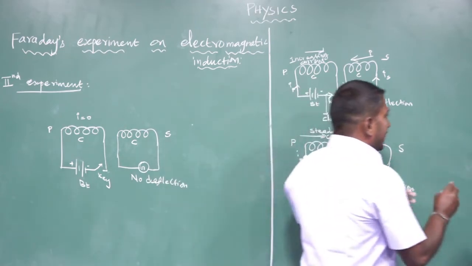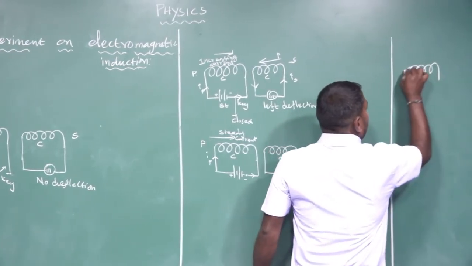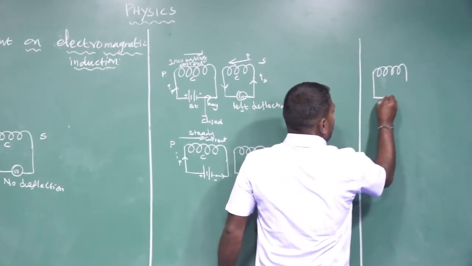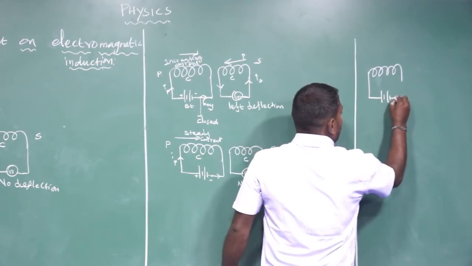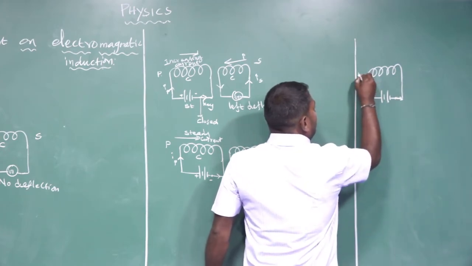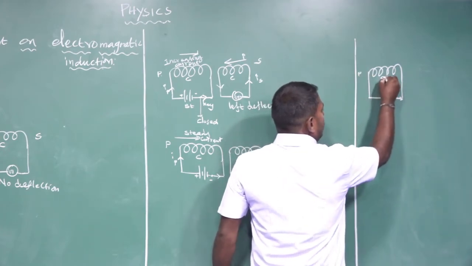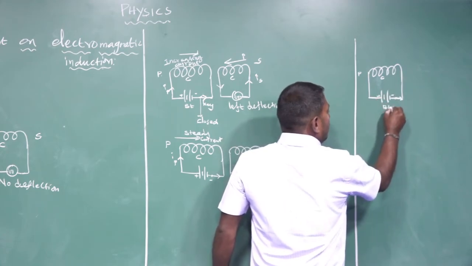Next, with the same arrangement, primary closed circuit: coil, battery and key.